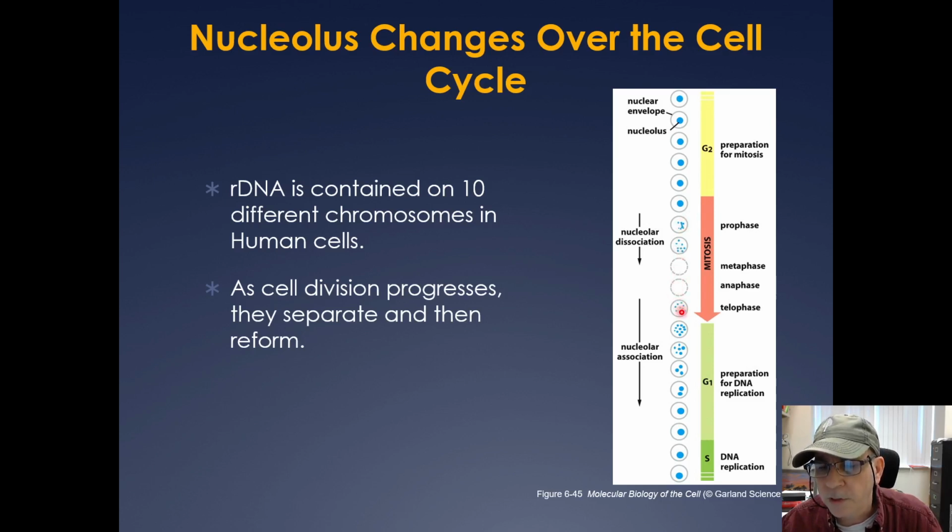The chromosomes separate, and then the nucleolus starts to come back together, coagulating during G2 and S phase. So as cell division progresses, the nucleolus comes apart as the chromosomes condense, and then it's brought back together again.